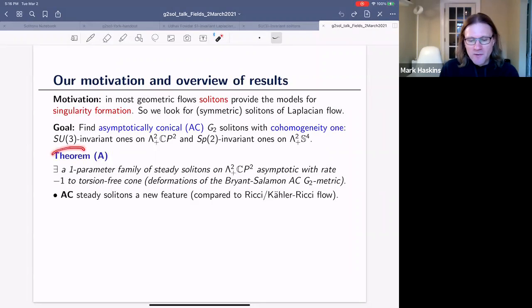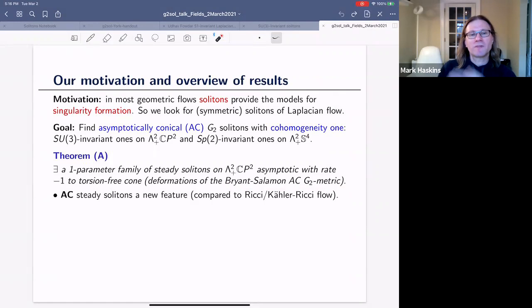The first theorem is that if we look at steady solitons, then on lambda 2 plus of CP2, but not on lambda 2 plus of S4, there is a one-parameter family of steady solitons, all asymptotic with a particular rate to the torsion-free G2 cone that appears in the Bryant-Salamon metric.